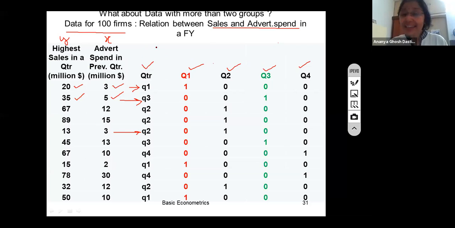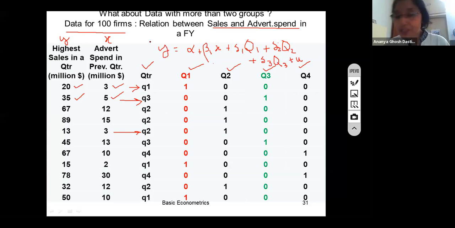So I can run a regression where y is equal to alpha plus beta 1 into x plus delta 1 into q1 plus delta 2 into q2 plus delta 3 into q3 plus u.